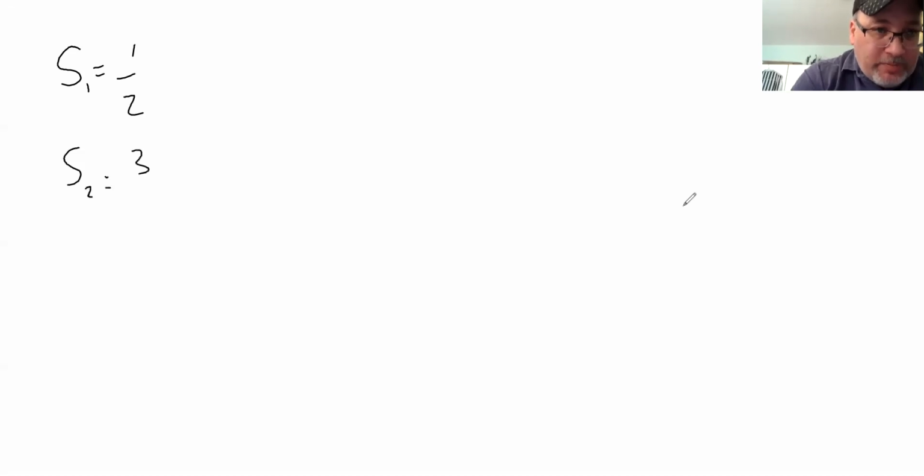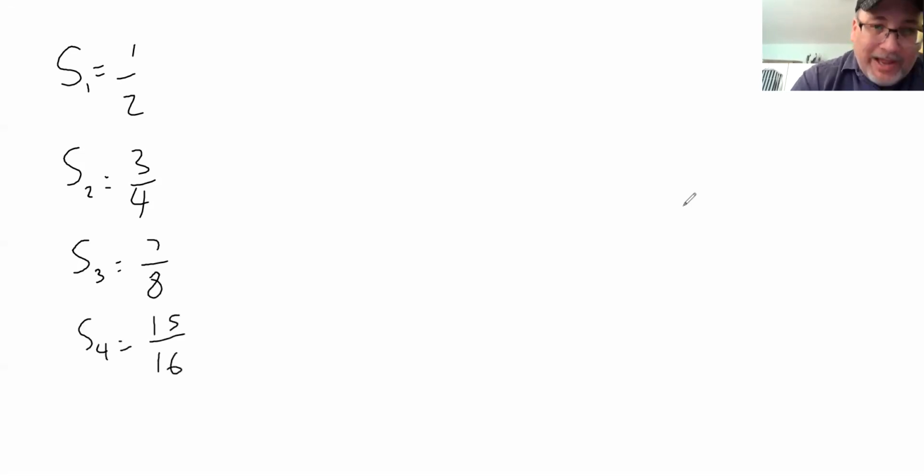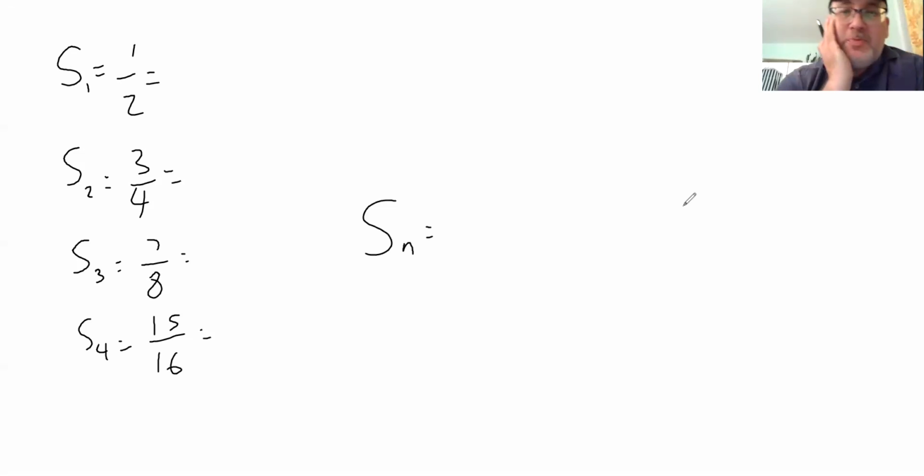Here are our partial sums. The first was 1/2. The second was 3/4. The third was 7/8. Fourth, 15/16. And what we would like to do is to come up with an expression for the nth one. Well, I think we know what's going to happen in the denominators because they're a geometric sequence and we dealt with those in the previous series of videos.